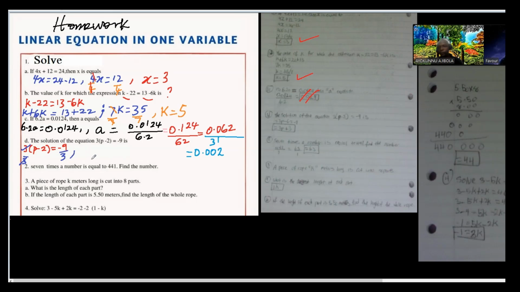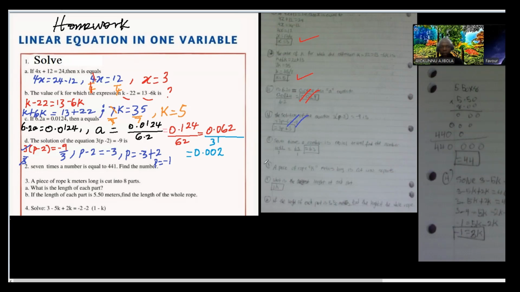Is that clear? Yes. Then you have p minus 2 equals negative 3, because 9 over 3 is 3. Then this 2 goes to the front, so p equals negative 3 plus 2. Then p equals negative 1. Is that clear? Yes, p equals negative 1.